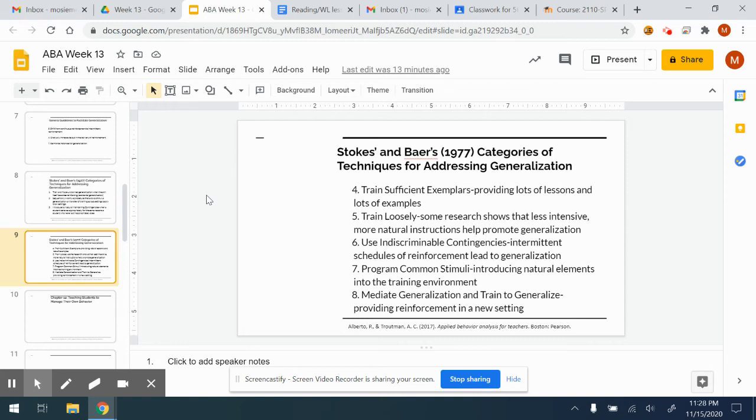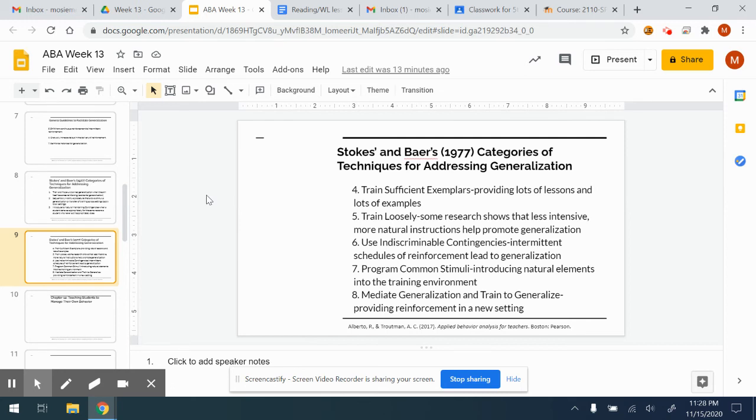So we want to give that acquisition piece in direct instruction: model, practice, role play, all of those good things that we do to teach behavior in a specific setting where the student can acquire the learning.